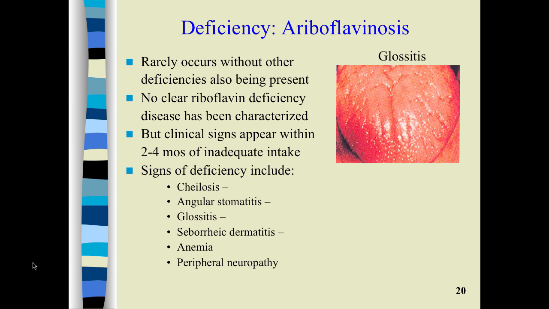Angular cheilitis is at the corner of your lips. Cheilosis is overall. If it's at the corners, you can say it's angular cheilosis or stomatitis. So they're interchangeable. Next one is glossitis, which is inflammation of the tongue. That's what's shown there.